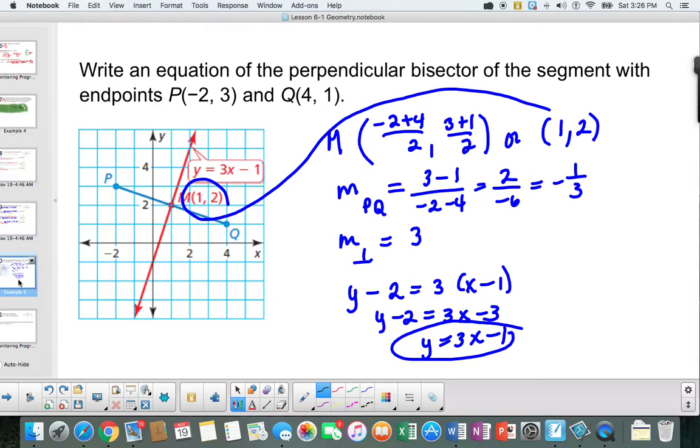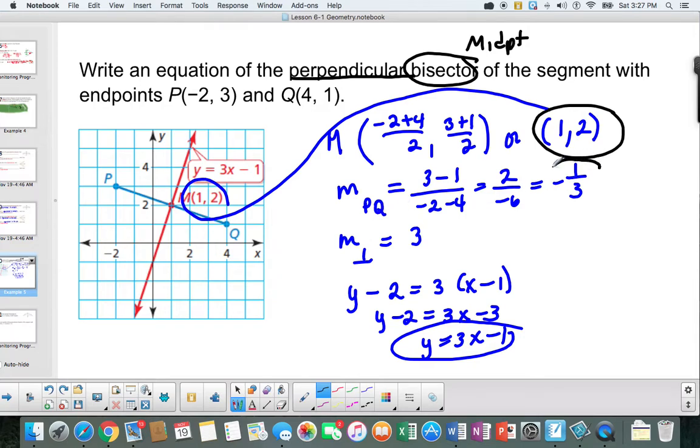All right, write an equation of a perpendicular bisector of the segment. I've been asking you to do this quite a bit. Here is another summary. Remember, bisector means you're going to have to work with a midpoint. And so the first thing I do here is try to get the midpoint, and here's my midpoint. Now I want a perpendicular, so the first thing I try to do is find the slope of PQ.